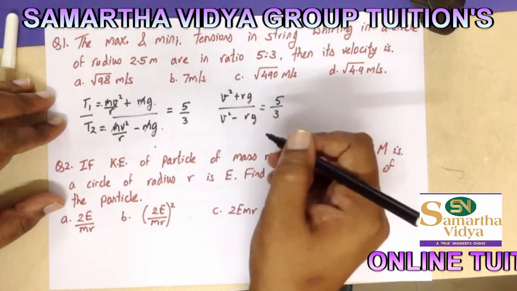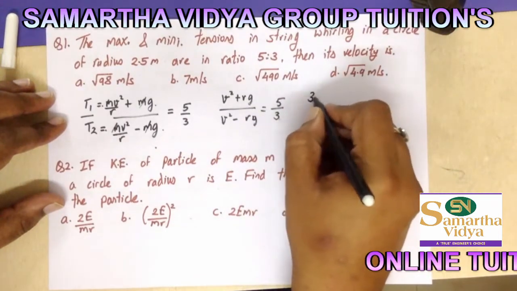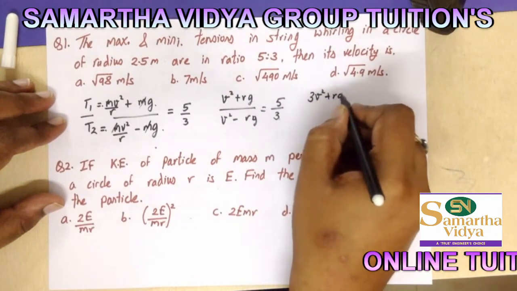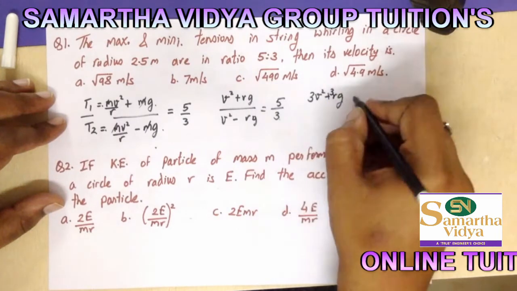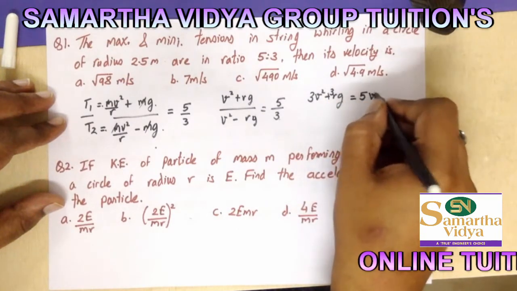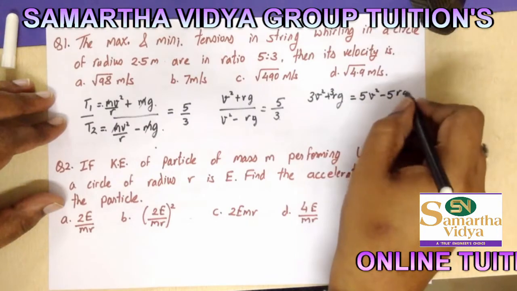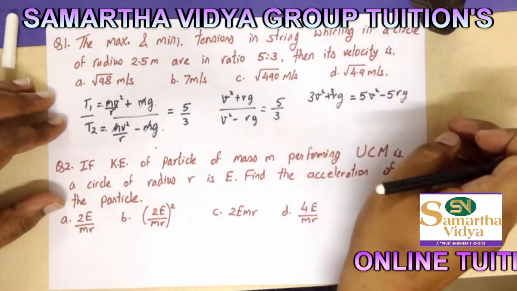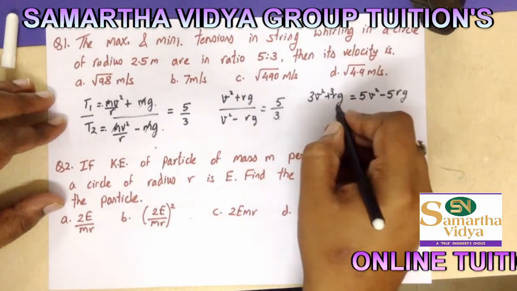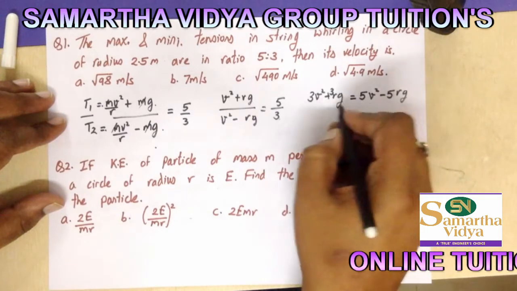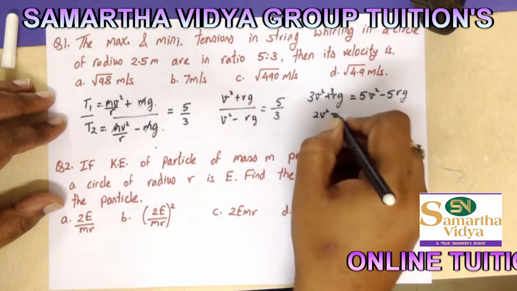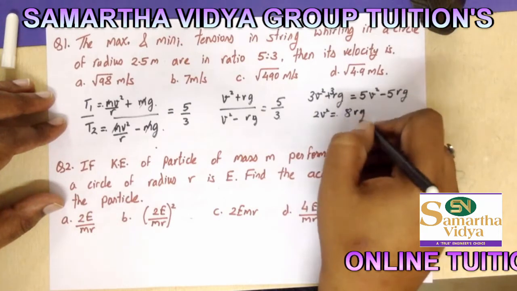If we cross multiply, I get 3v square plus 3rg equal to 5v square minus 5rg. If we rearrange the terms, we get 8rg equal to 2v square. So 2v square is equal to 8rg.